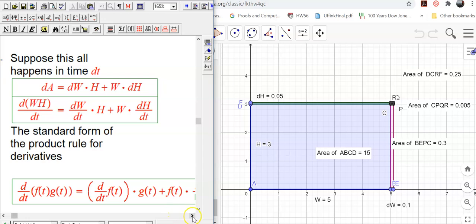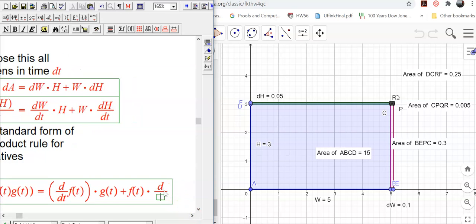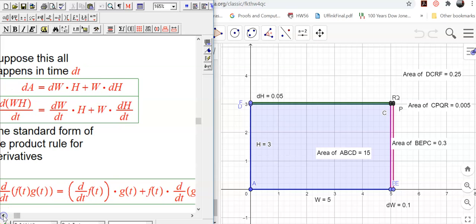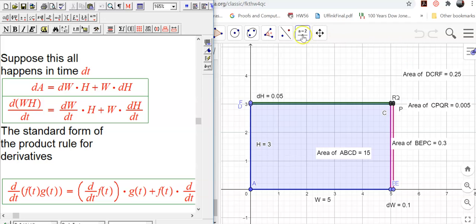You'll sometimes see this in other orders, because multiplication's commutative and addition's commutative. Here it doesn't really matter. In later cases it really does, so I tend to want to write it in exactly this way. It's absolutely not some arbitrary thing somebody just came up with. It's because that's how rates of change of products have to work. And I would invite you to think about the pink and the green areas in justifying that.